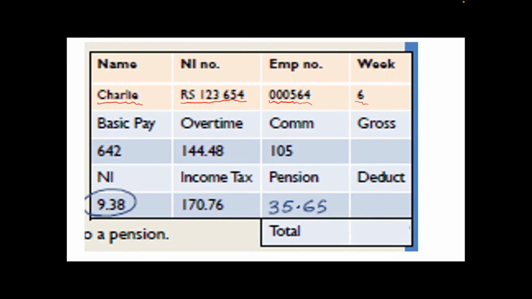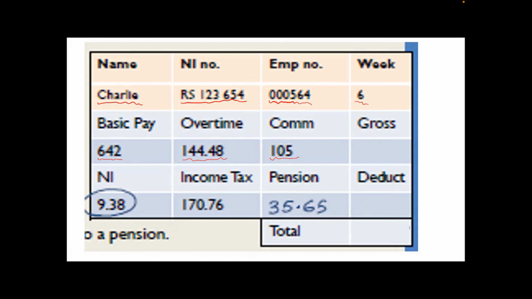Your financial year runs slightly differently to your normal year. It runs from April through to March instead of January through to December. Your basic pay then is the amount that you get paid per hour without any extras added on. But then we have an overtime payment, and COM is short for commissions.